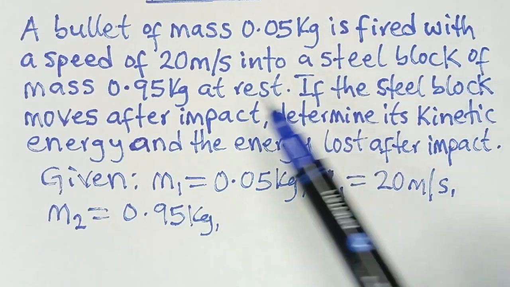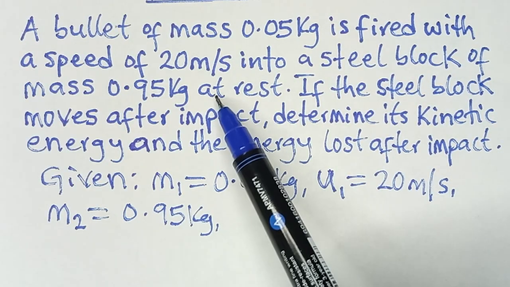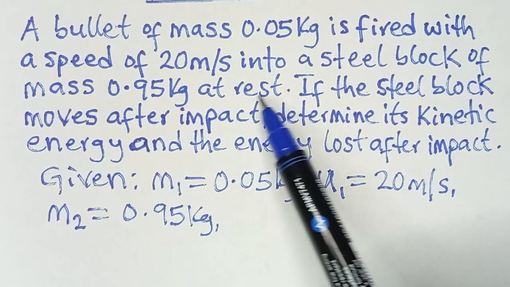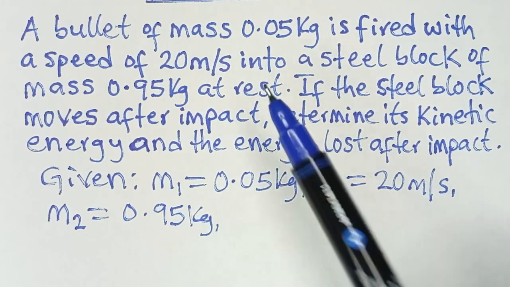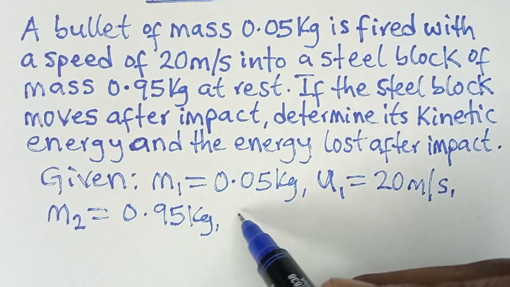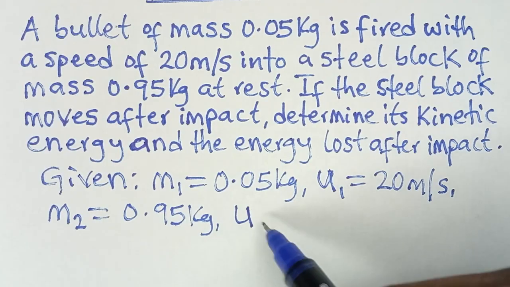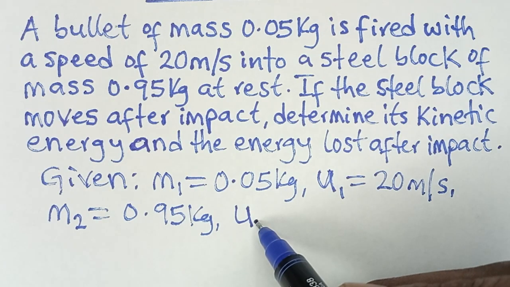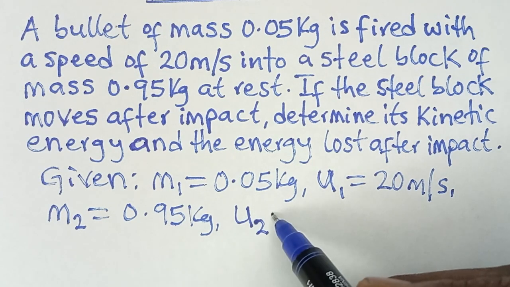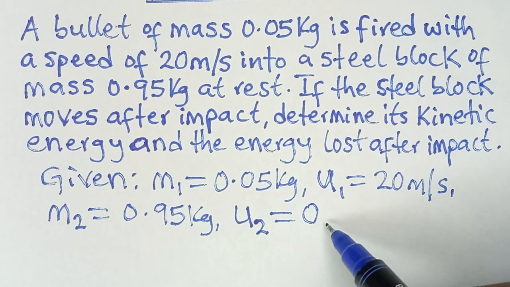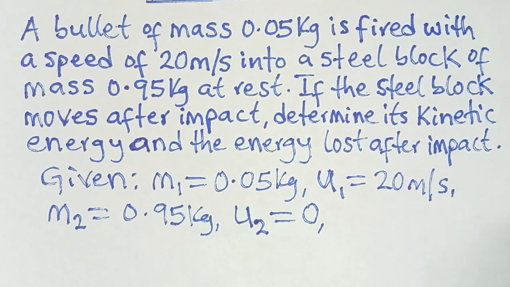And then we are told that the steel block is at rest. Take note of this point. It is at rest. What that means is that its initial velocity, which is U2, is equal to 0.